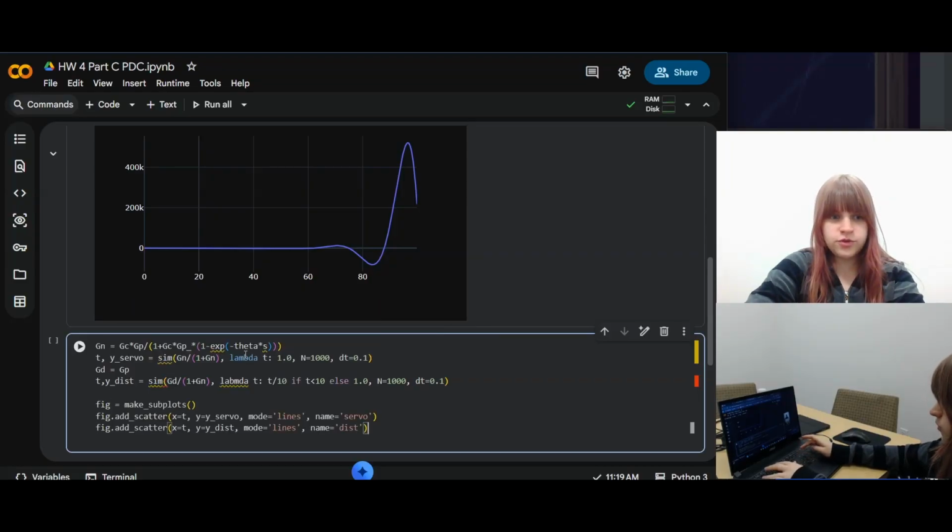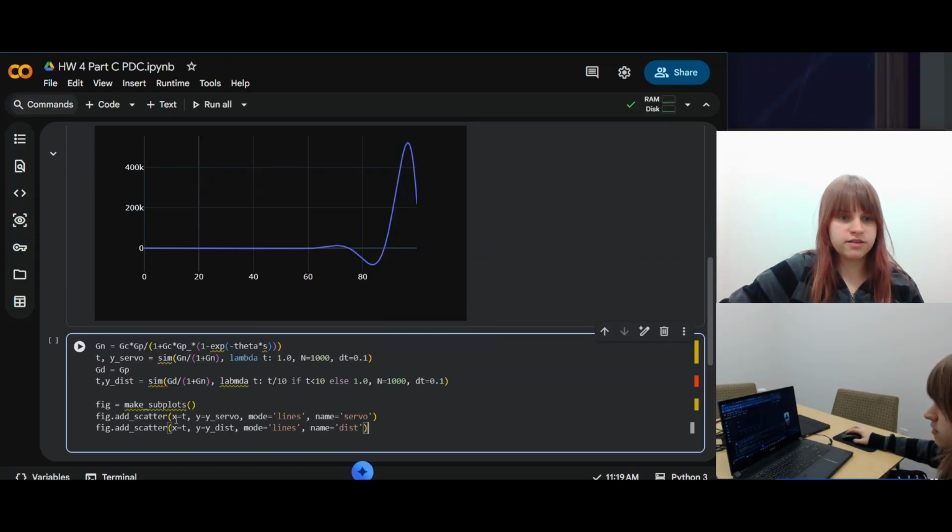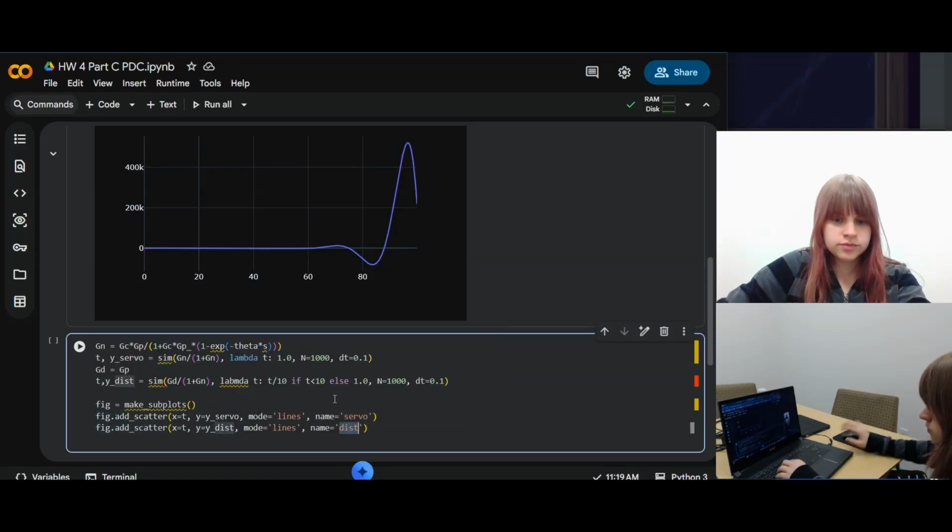And then we want to make subplots and add a scatter of x is equal to t, y is equal to y servo. We have lines, and the name is the servo. And we also want to do our disturbance right there.